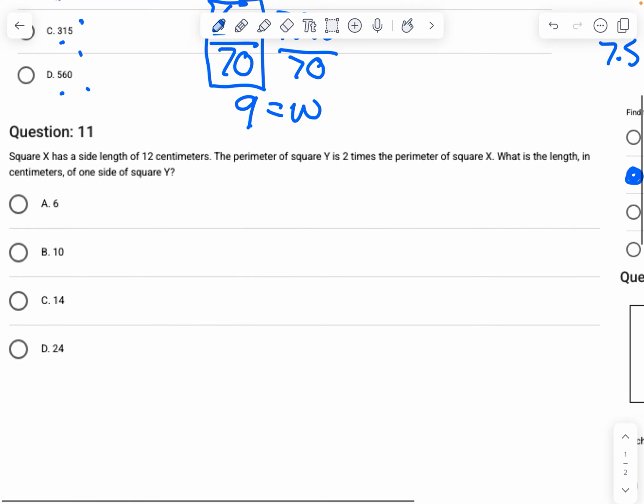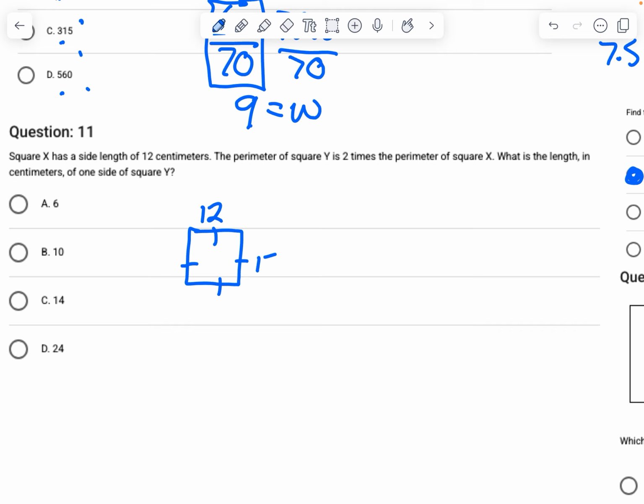Awesome. Let's try the next 2. A square X has a side length of 12 centimeters. Just going to draw that square. Remember, a square has all the same sides, which is wonderful about them.